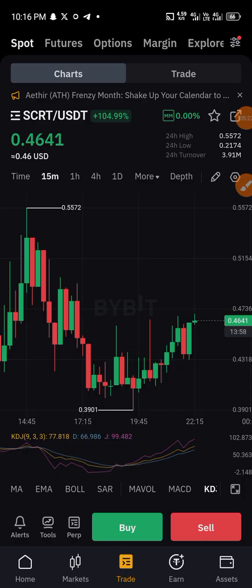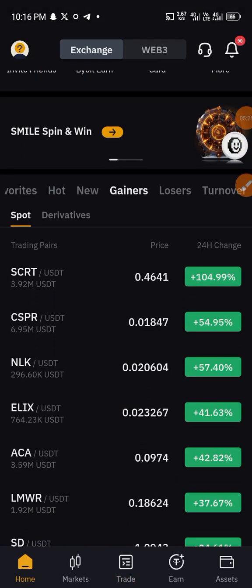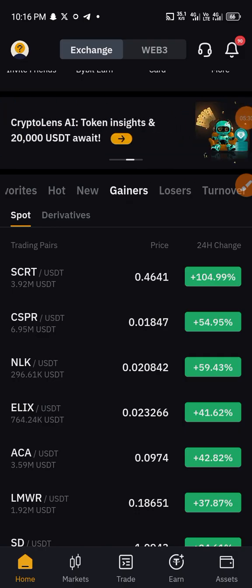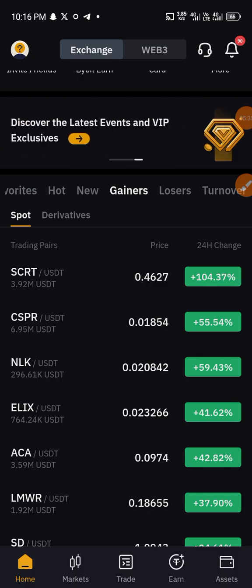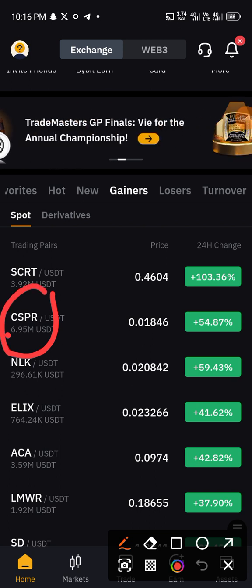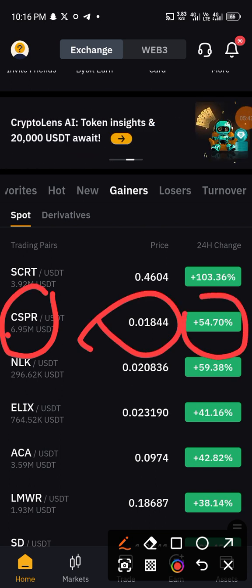All right. If you go back here, looking at the second coin, which is next to this one, its 24 hours was over 50%. The name of this coin is CSPR. This is its current price in the market, and this is its positive.